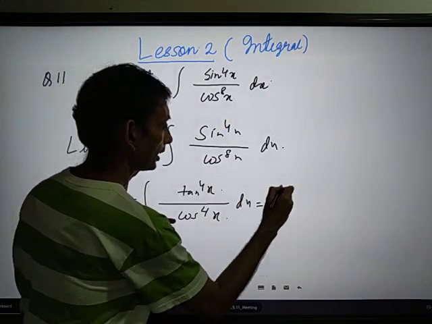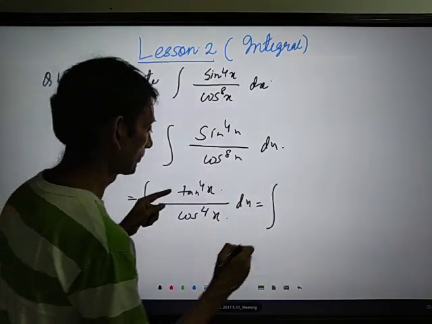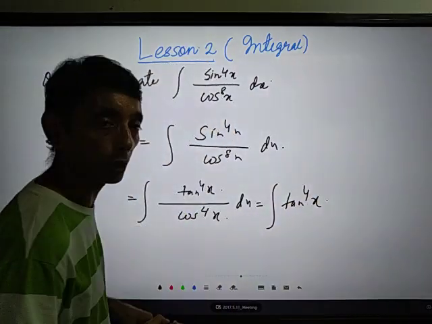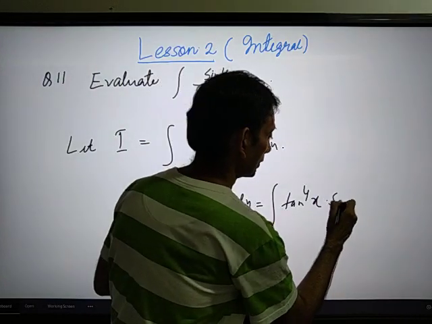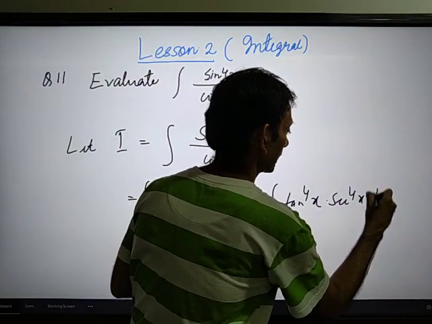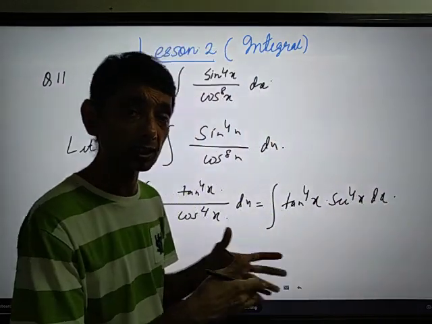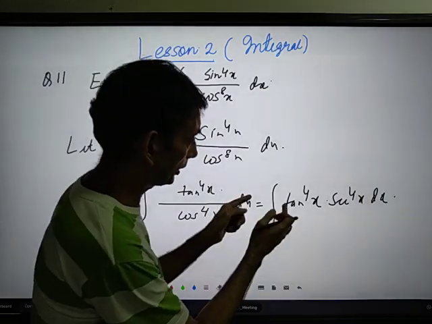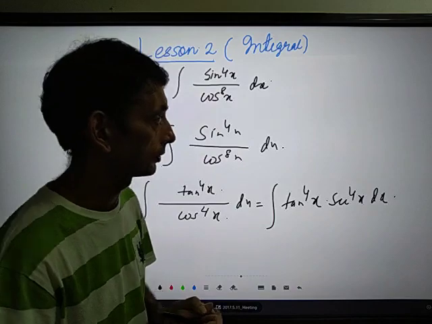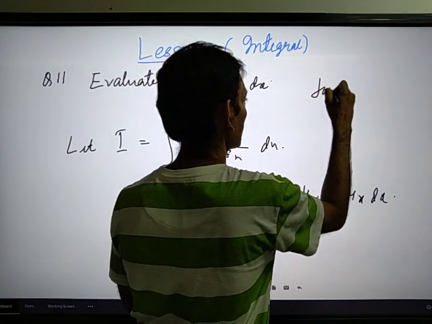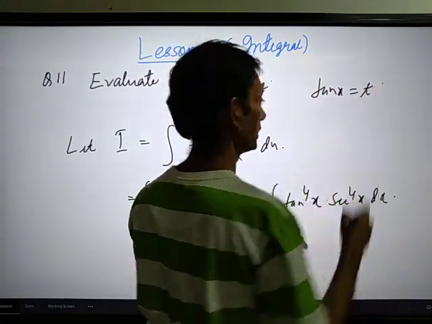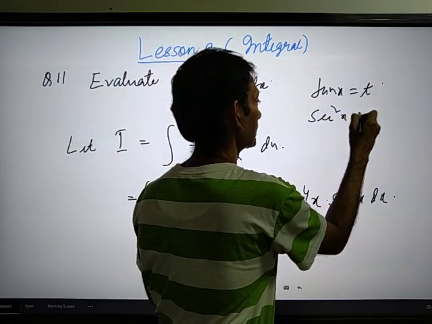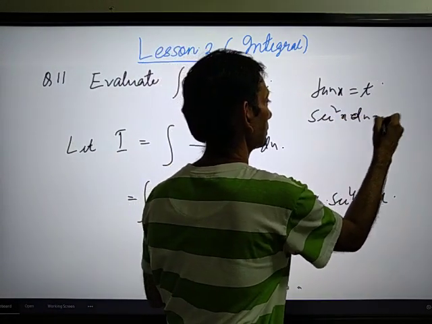So the next step we can write in this way: tan to the power 4x, and this 1 by cos to the power 4x can be written as sec to the power 4x dx. Now if we substitute tan x equal to t, then differentiation of tan x gives us sec square x dx equal to dt.